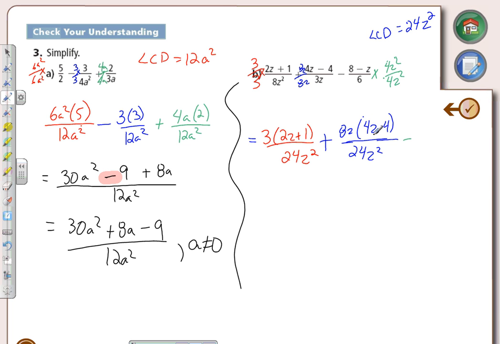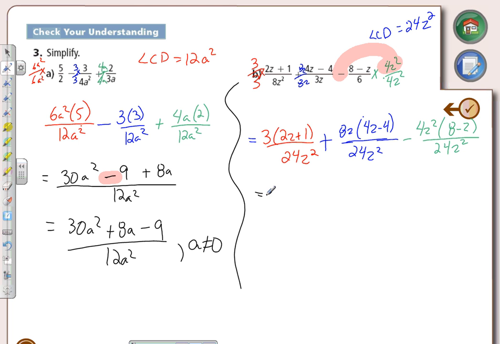But please make sure when you are expanding that you're actually bringing in a negative 4z squared when you distribute it. Or distribute it in 1 and then bring in the negative after. So then we've got 4z squared bracket 8 minus z over 24z squared.